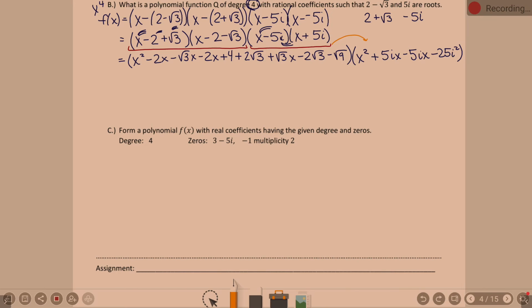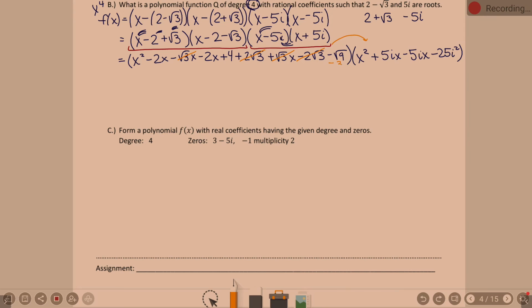So minus square root of 3x is going to cancel with plus square root of 3x. Plus 2 square root of 3 cancels with minus 2 square root of 3. And what do you know about the square root of 9? It's 3.